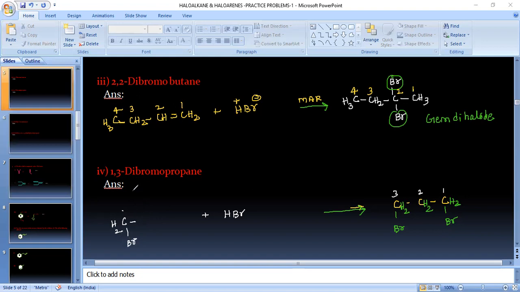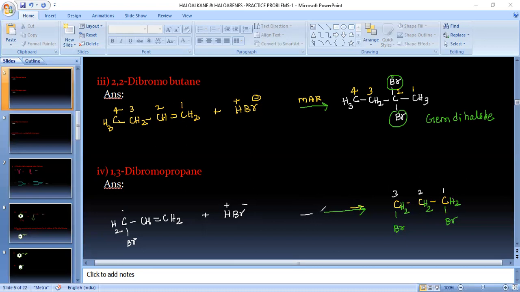Okay, barabar, it's that valency. CH double bond CH2. Okay, chalo, H plus Br minus. Clear beta? Okay, then we will get this product.